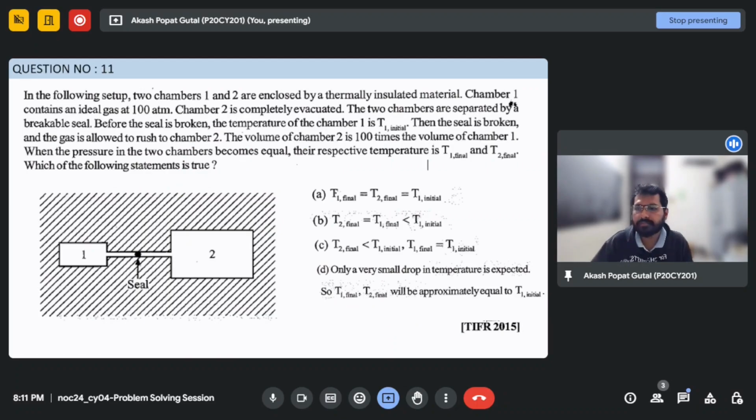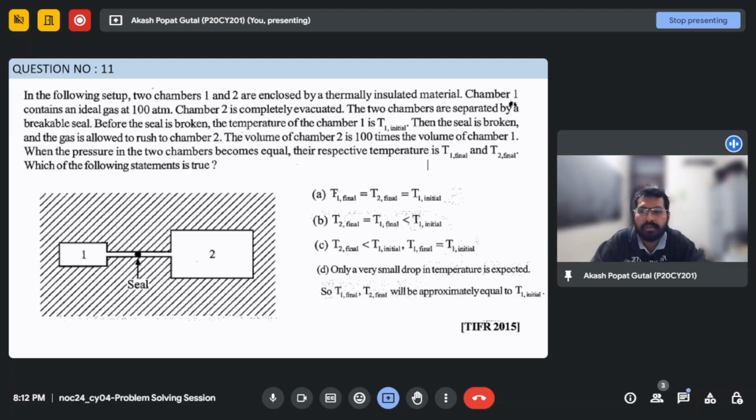Here is one question, question number 11. In the following setup, two chambers 1 and 2 are enclosed by a thermally insulated material. Chamber 1 contains an ideal gas at 100 atm. Chamber 2 is completely evacuated. The two chambers are separated by a breakable seal. Before the seal is broken, the temperature of chamber 1 is T1 initial.